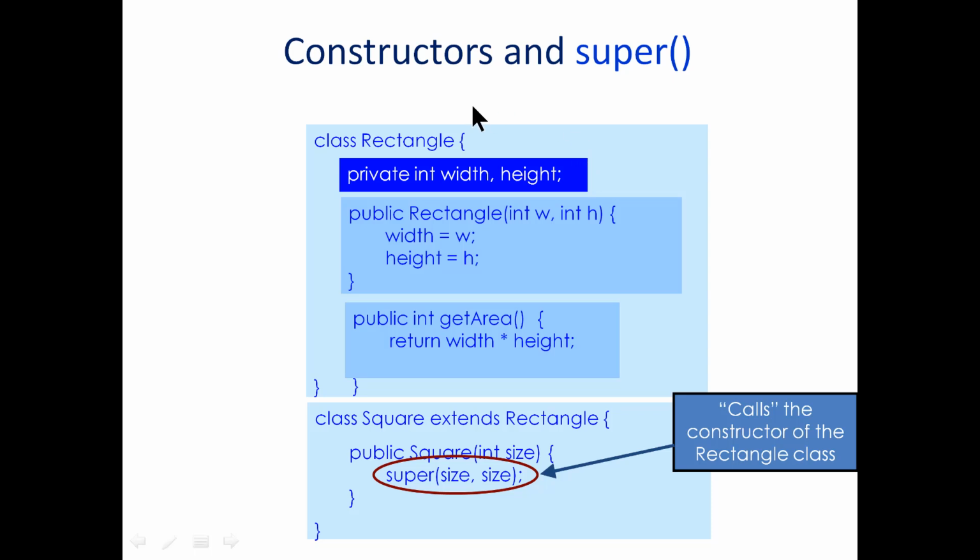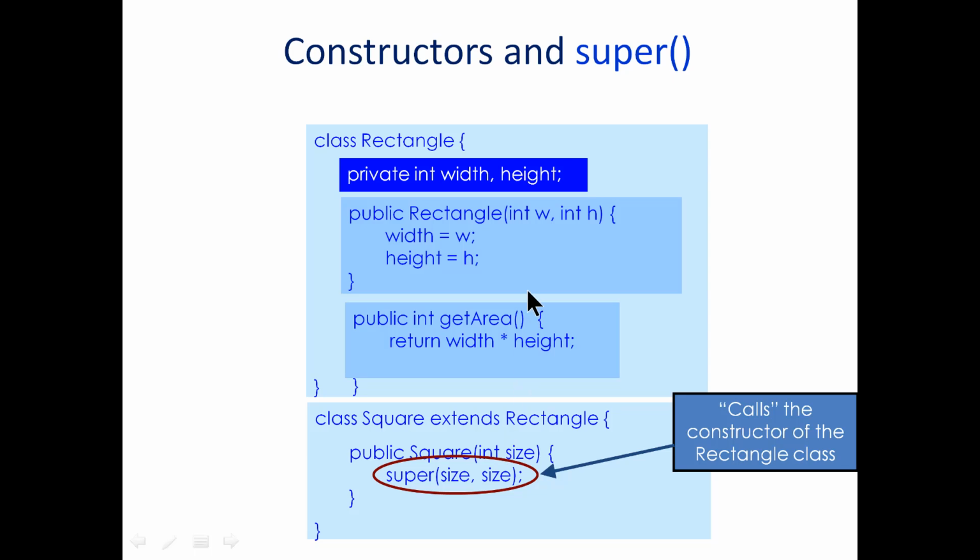So take a look at this. We have this rectangle class. I'm showing you how we call super. Class Rectangle has a private property and a parameter constructor. We pass width and height, and we initialize our data members width with w and height with h. And then we have a getArea method. Now I'm creating a child, class Square extends Rectangle.